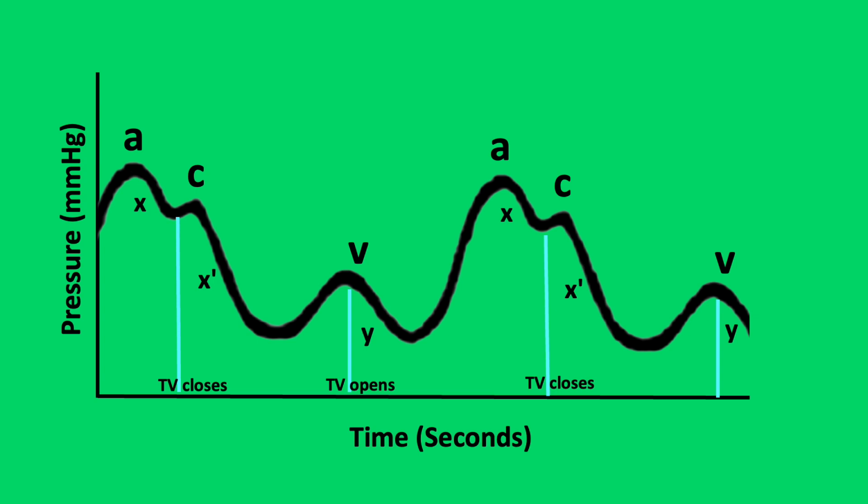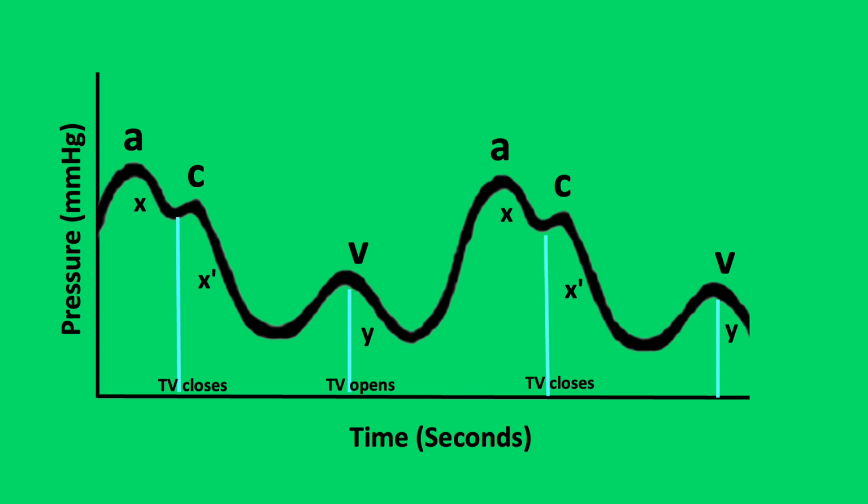As the valve is closed, it bulges into the right atrium and thus forms a second deflection, the C wave. Then, the RV contracts and becomes smaller, allowing the pericardium to have more space and expansion of the right atrium by displacement of the tricuspid valve inferiorly and thus reduce RA pressure. And this leads to the negative deflection, X bar.